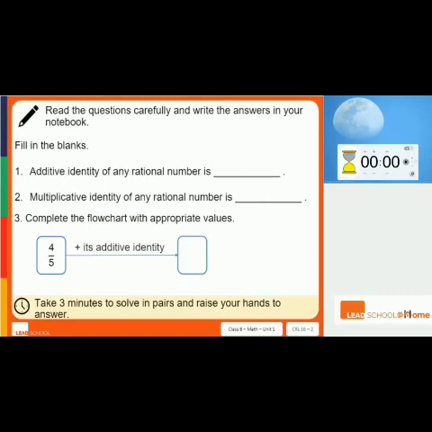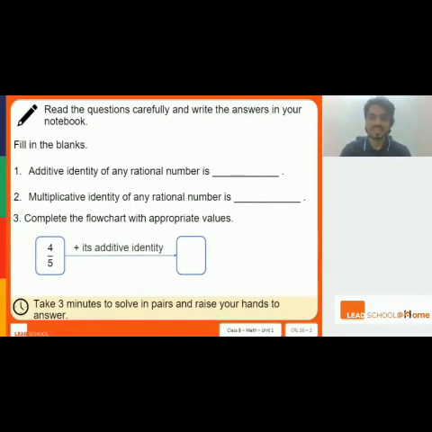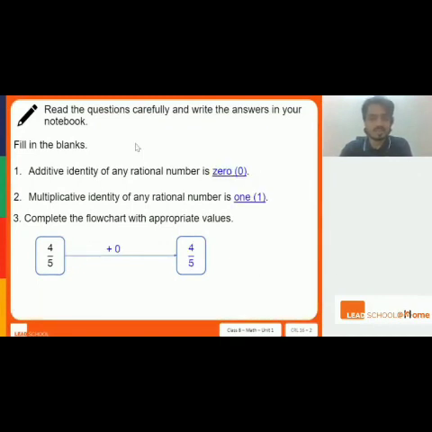Let us discuss the answer. So the first fill in the blank was additive identity of any rational number is 0. Additive identity for all the numbers is 0. So for rational number also it is 0.